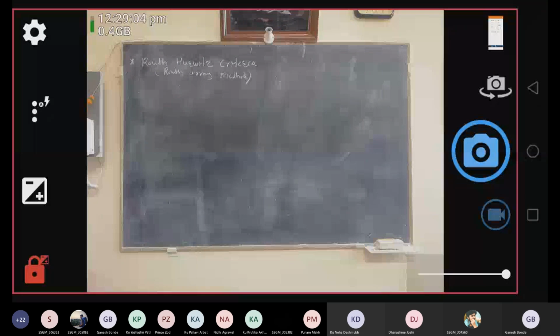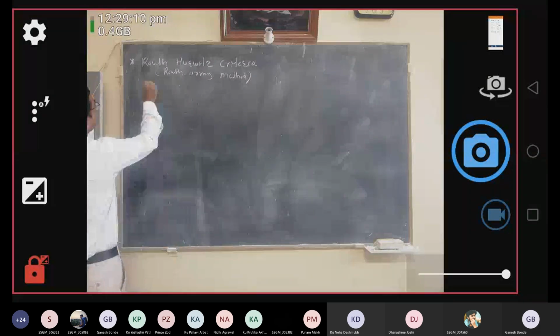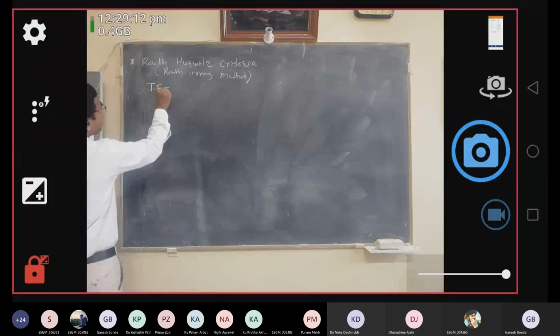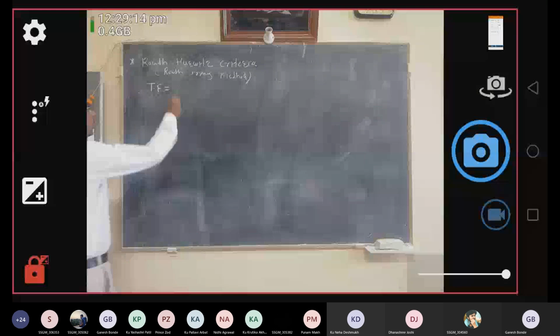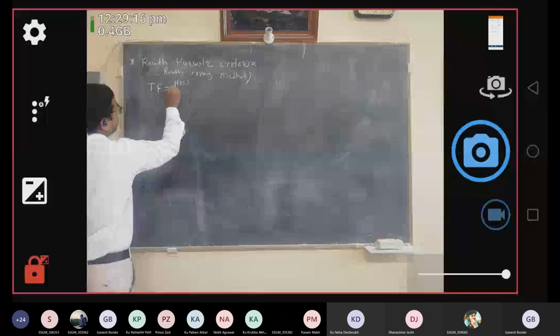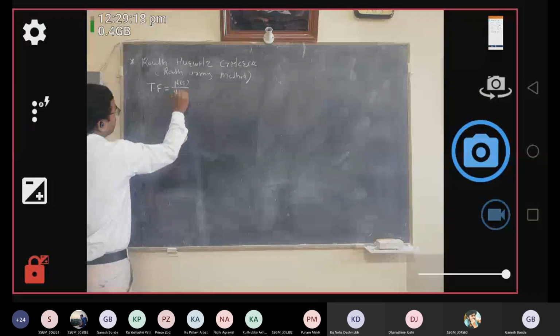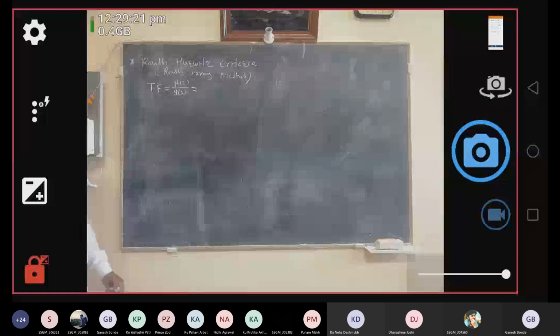So we always start with the transfer function. Once again I repeat, the transfer function of any system is the ratio of N of s upon Q of s, that is numerator upon denominator.